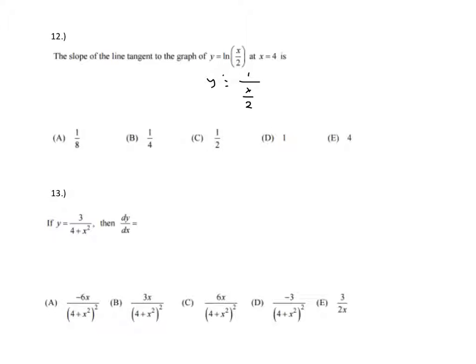Okay, the derivative of a natural log is 1 over whatever's inside that log, here x over 2. Another way to think about 1 over is the reciprocal of.